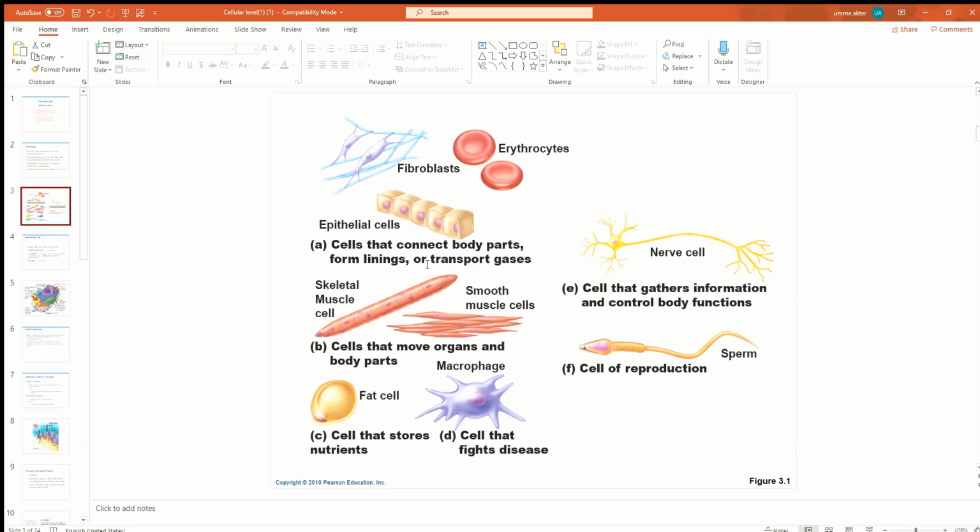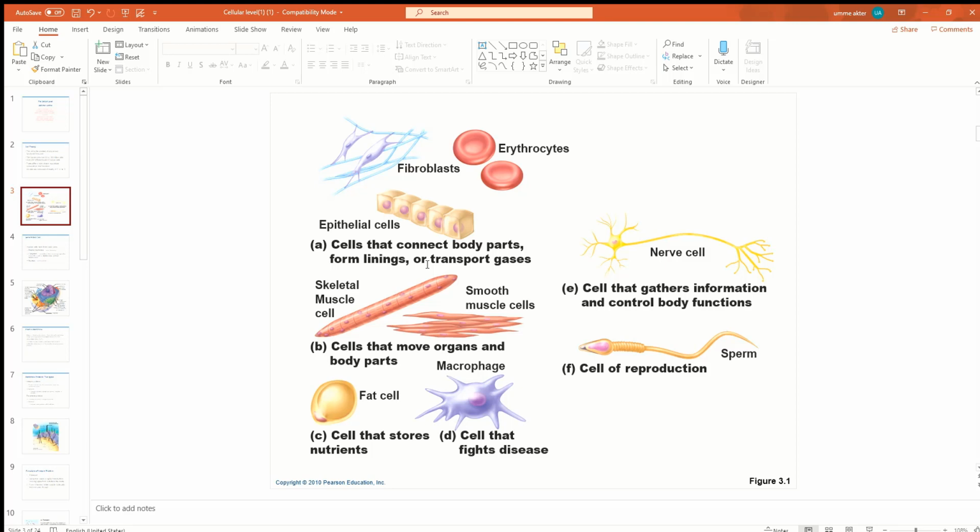As I said, over 200 different types of cells are present in the human body. How are they different? They are different in shape, size, functions and morphology. If you see the color, they are different from each other.